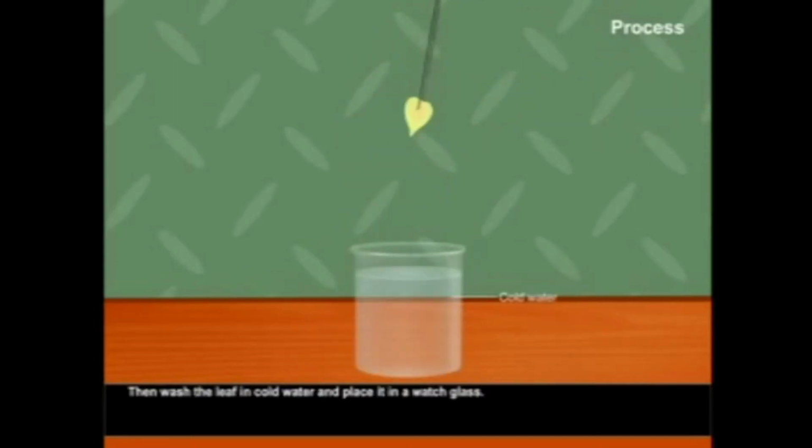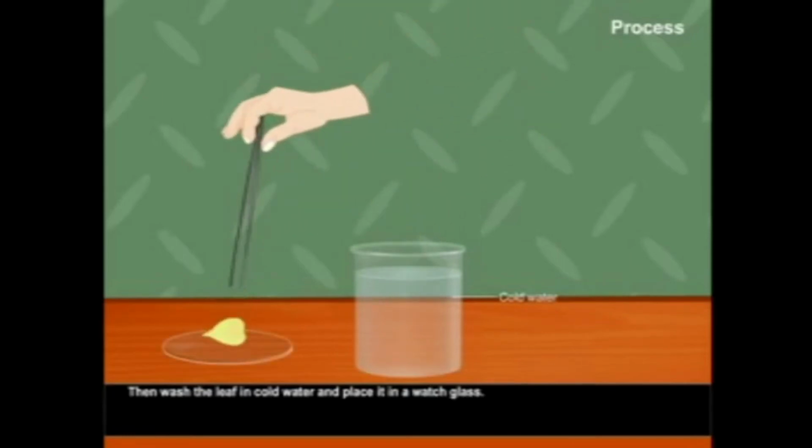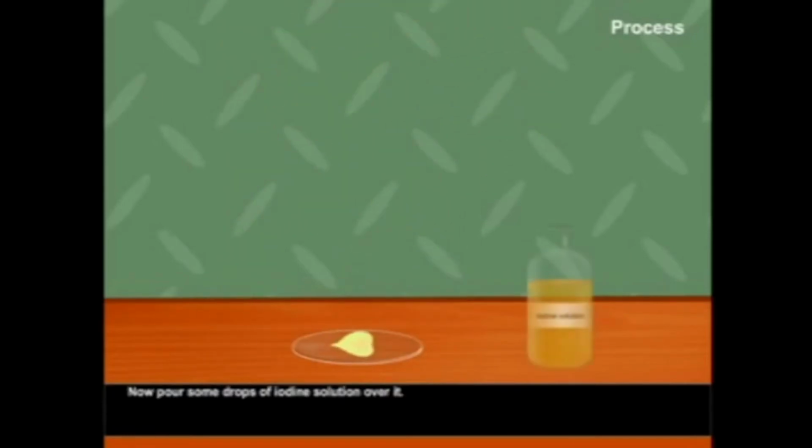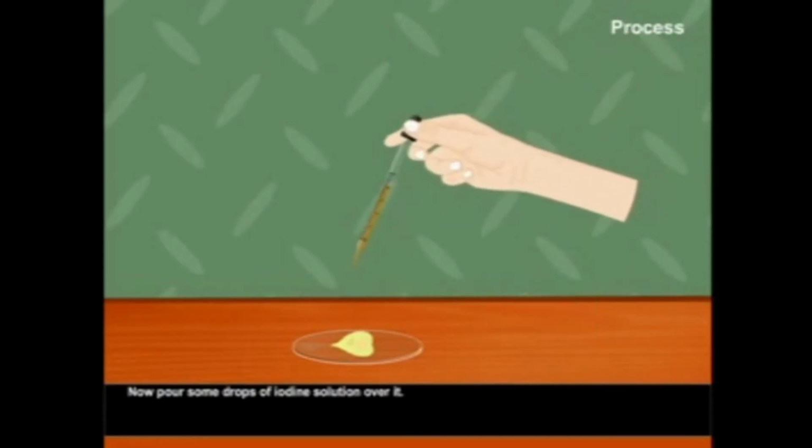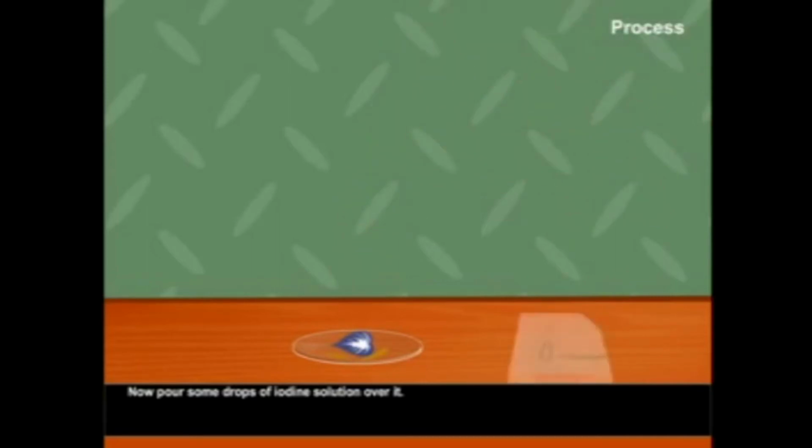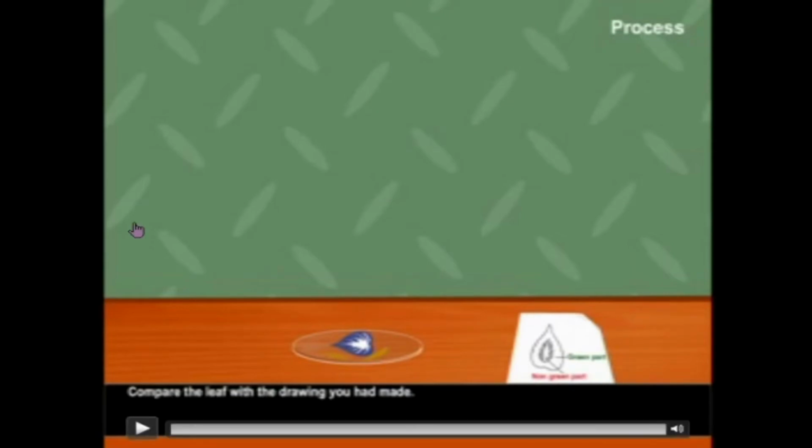Then wash the leaf in cold water and place it in a watch glass. Now pour some drops of iodine solution over it. Compare the leaf with the drawing you had made. Yes, students, in this video we learned that chlorophyll is necessary for the process of photosynthesis.